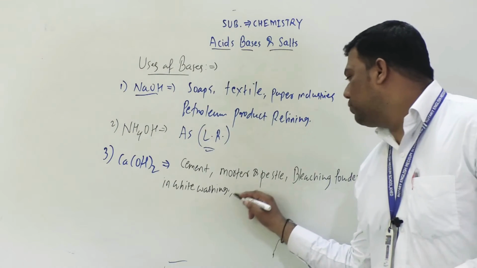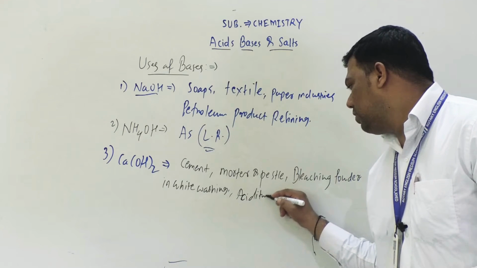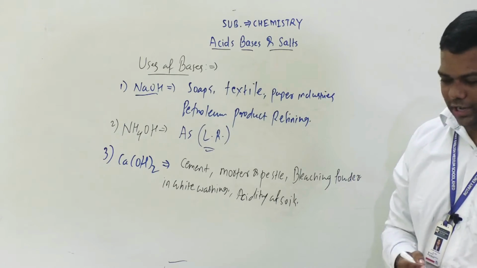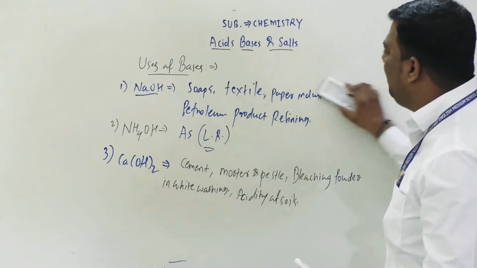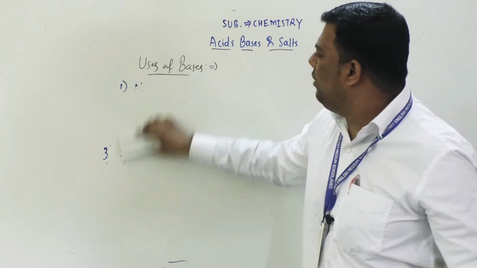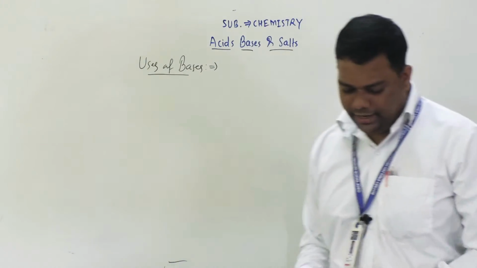And in the acidity of soils also, calcium hydroxide is used. So these are different uses of NaOH, NH4OH, calcium hydroxide.